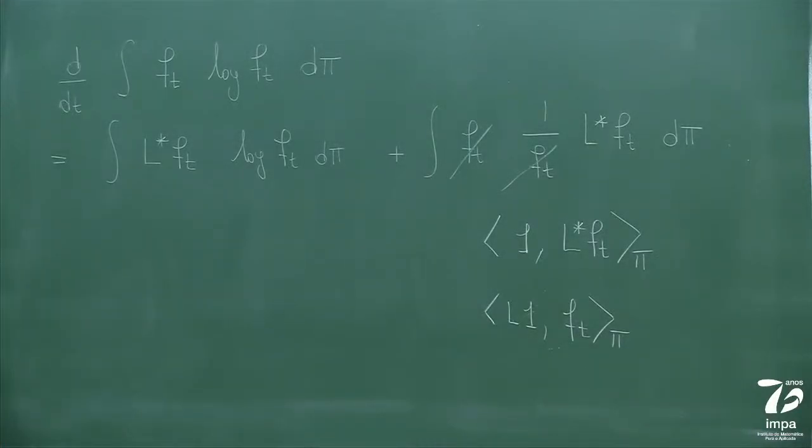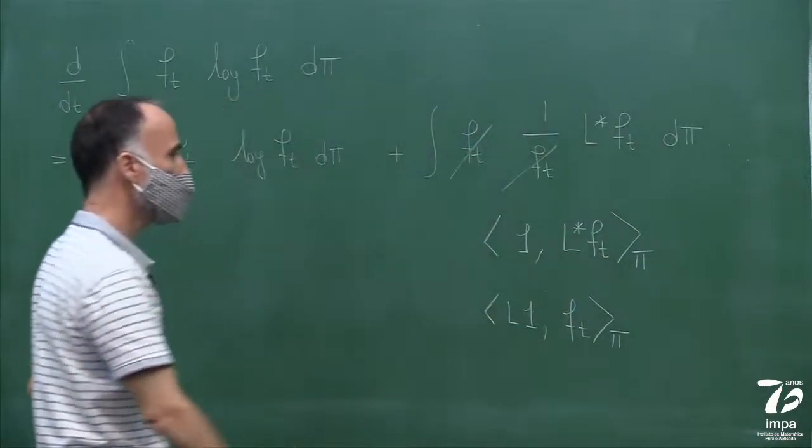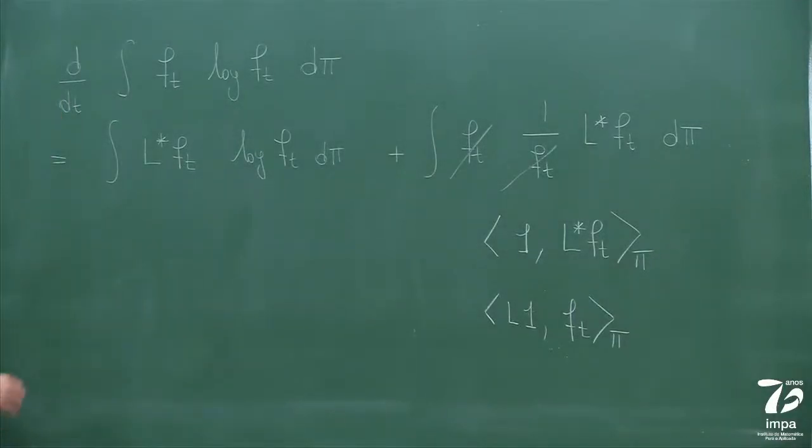If you remember, L applied to 1 means that you sum the line of the generator, and when you sum the line of the generator, you get 0, because this is the definition of a generator, right? All off-diagonal terms are positive, and the term at the diagonal is equal to the sum, with the minus sign, of the other terms. So this is equal to 0. So the second term vanishes, and what we need to care about is the first.